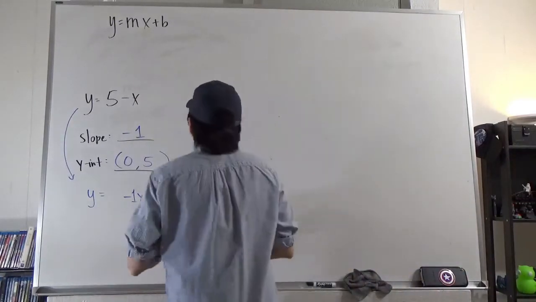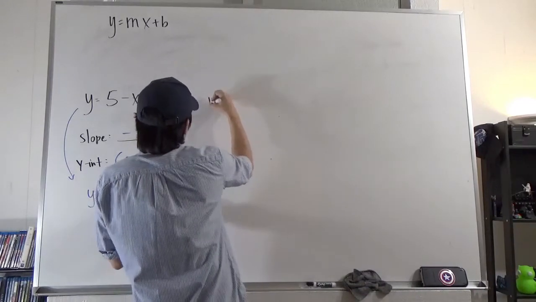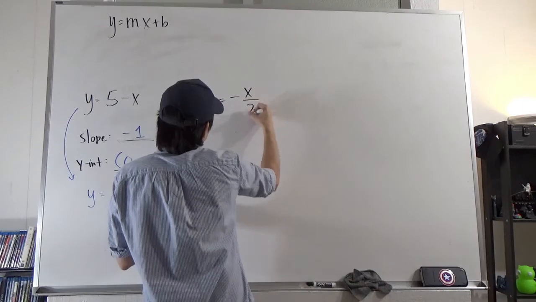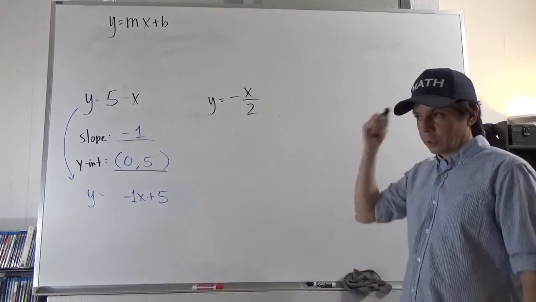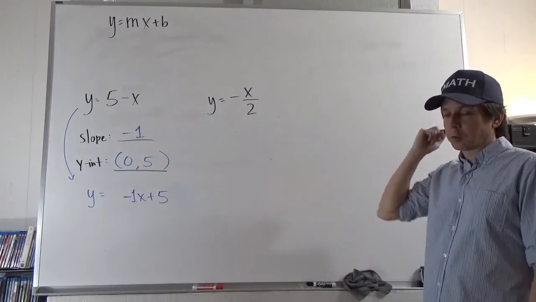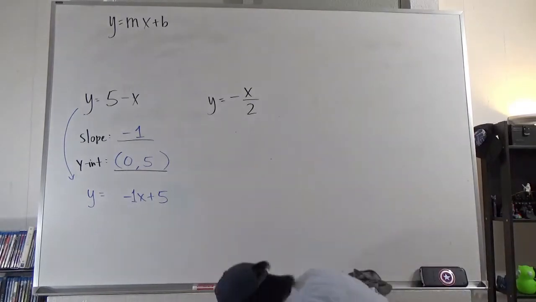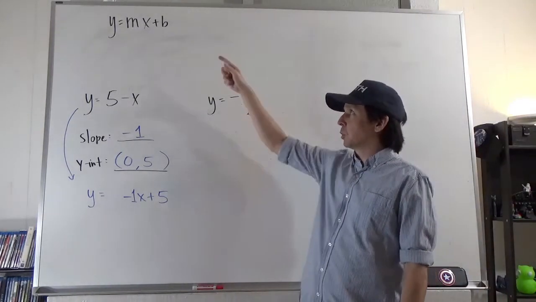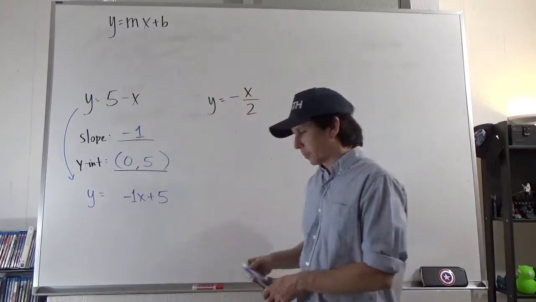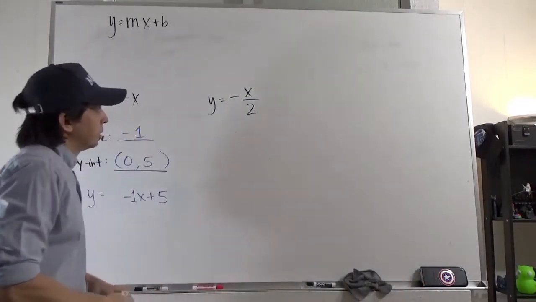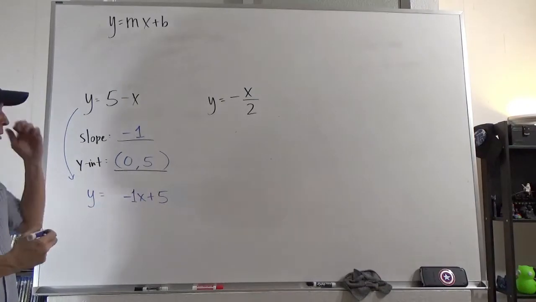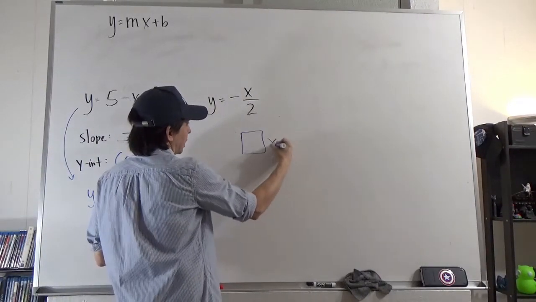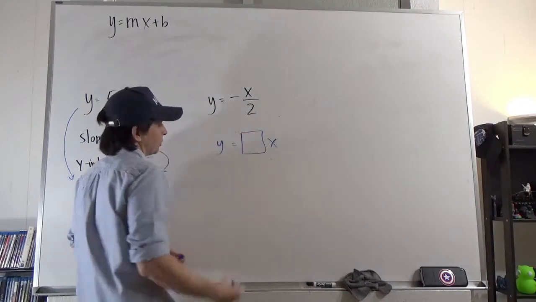Next one, we're going to get trickier and trickier. Here we have y is equal to negative x over 2. It is a line. You do have the y by itself, so we will be able to think of it that way. Now one thing is, we have to be able to think of it as something times x, this piece.